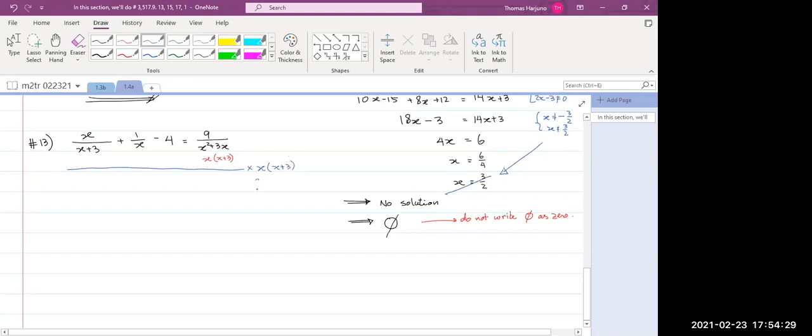Later on you will see the answer cannot be 0. The answer cannot be negative 3. That's a side note. Now, if I multiply by the LCD, I will get x squared plus x plus 3 minus 4 times x plus 3 equals to 9.